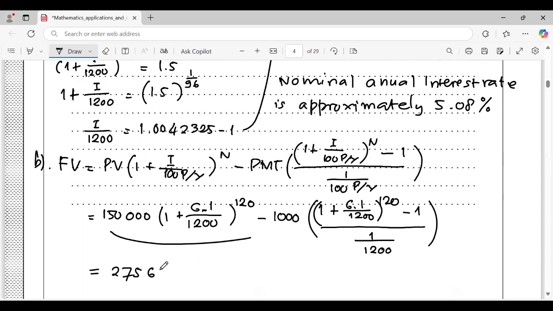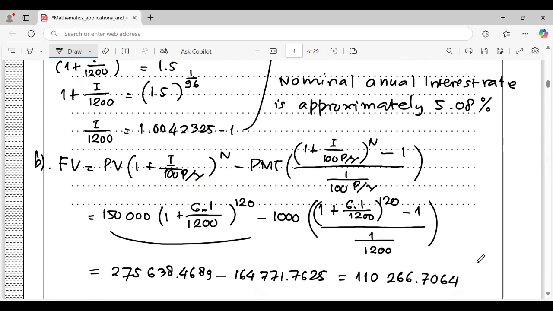275,638.4689 minus 164,771.7625. And the result is 110,266.7064.